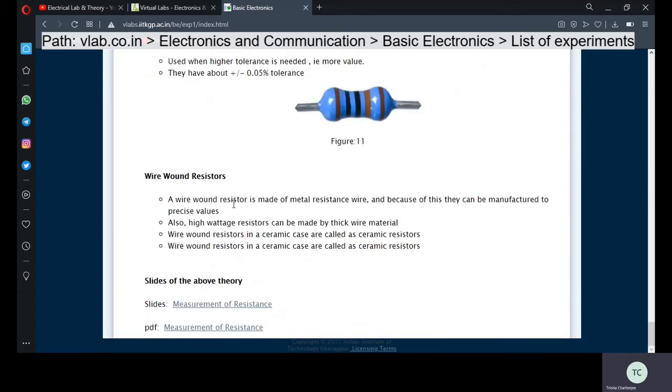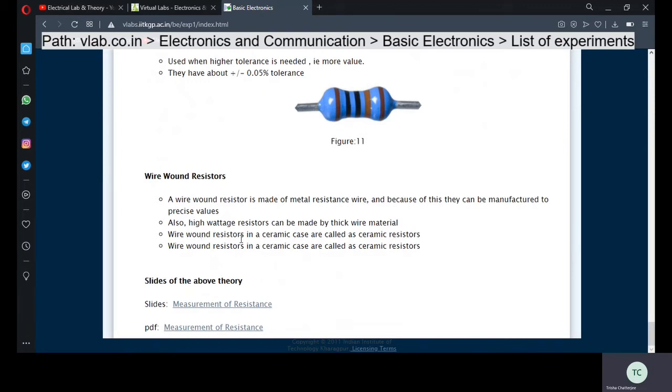The wire wound resistor is made of metal resistance wire, and because it can be manufactured to precise values, the wire wound resistors are like normal wires. So you can ask the manufacturer to make the resistance value as per your choice.